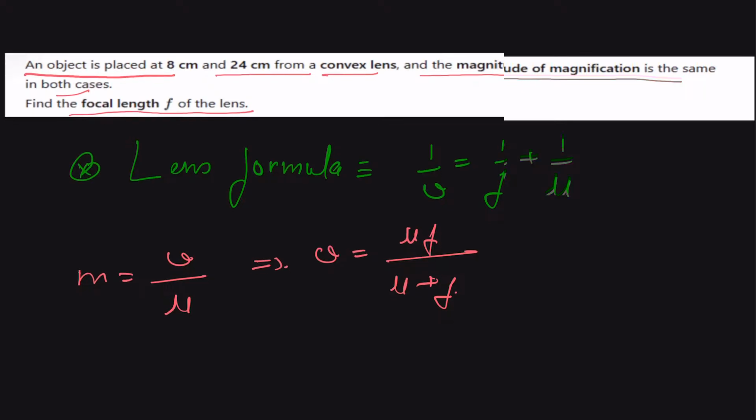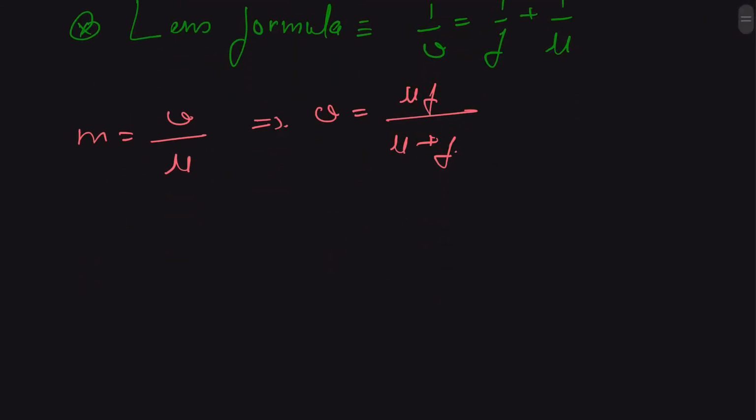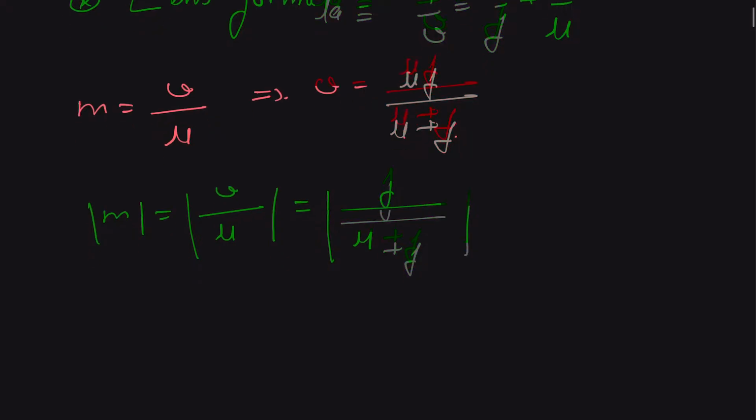And we are only interested in the magnitude part. Therefore, we can write that the magnification magnitude will be equal to v upon u, and this can be also written as f upon u plus f. This is the basic formula for the magnification only in the magnitude part.